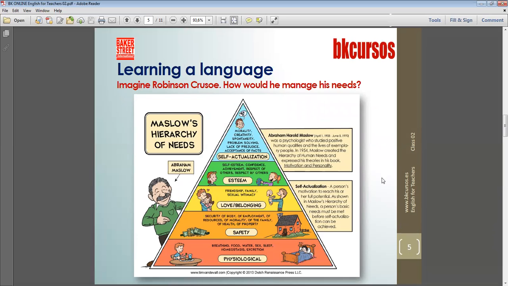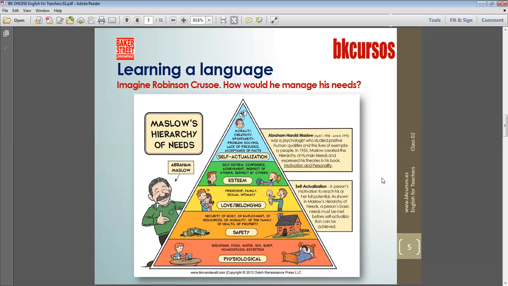That's it. Let's imagine Robinson Crusoe. He's living on an island by himself. Yeah. Which of the needs do you think he would be able to satisfy? Just the first one, the first 2, 3, 4, or all 5? What do you think?